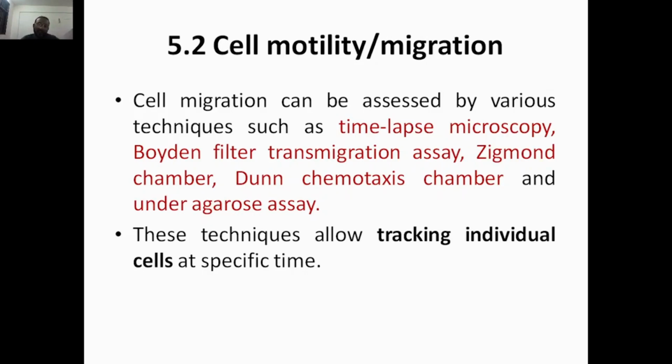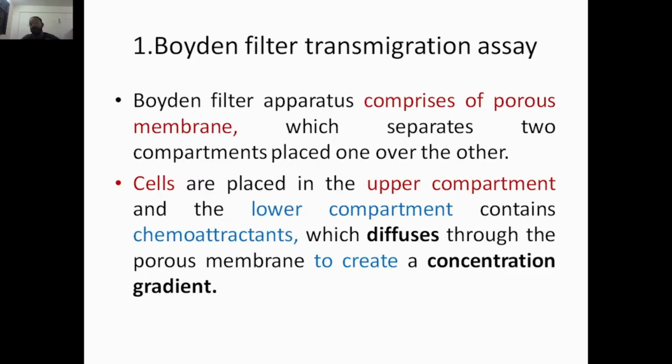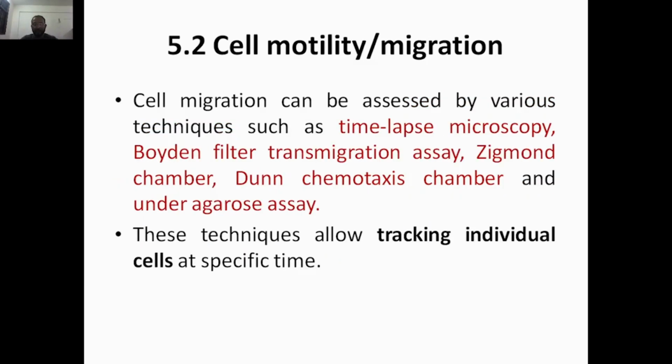That means at different intervals, how many cells are there at 0 hour, then at the next intervals, like 2 hours, 4 hours, or 1 day, 2 day, like that. So I gave an introduction about time-lapse microscopy and how it works.